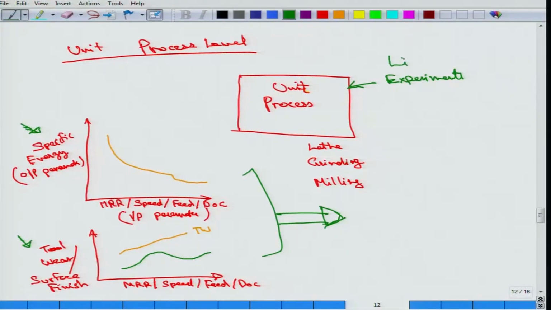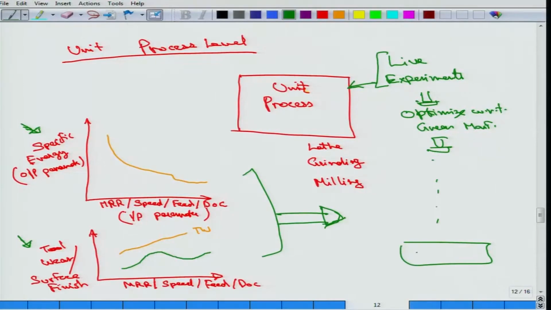We will conduct live experiments, then we will optimize with respect to green manufacturing. So, there are certain other steps to finally obtain a green facility. I will let you know when we do this.